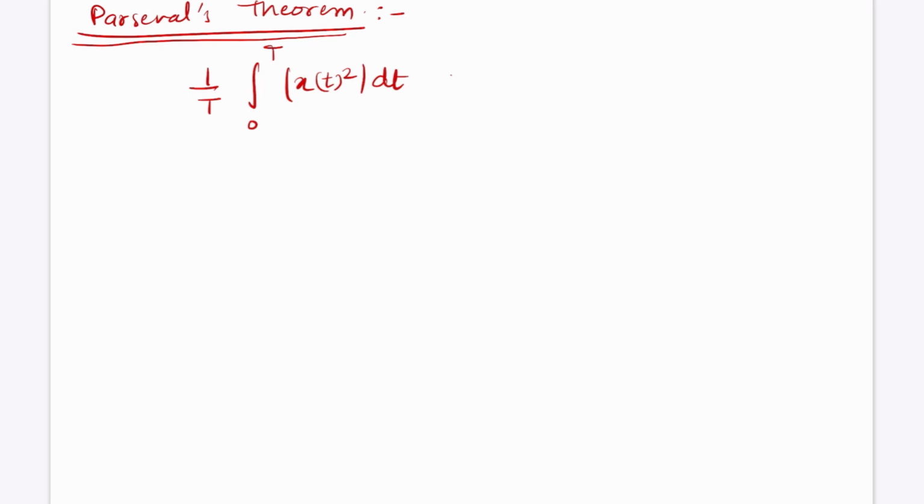This is the power in time domain, and in frequency domain, since here we are talking about the Fourier series, Parseval's theorem says that it is the summation from n equals minus infinity to infinity of ak squared. That's easy, as we know the ak values.